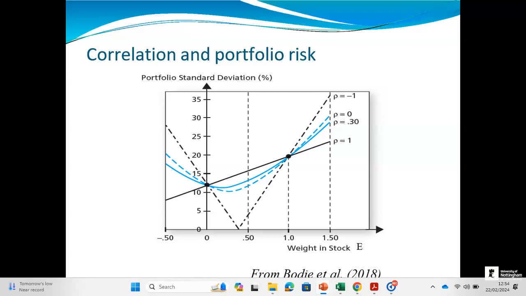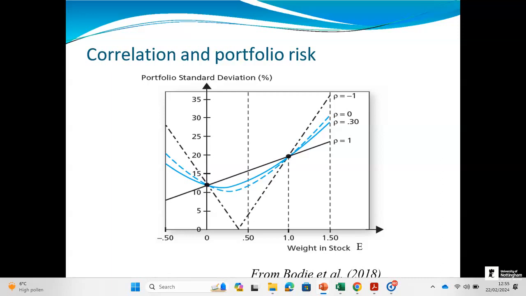Okay, so if you look at these two lines, the lower the correlation, the greater is the risk reduction. Where correlation is equal to 0, you can see the dotted line is the lowest compared to the solid line, right?